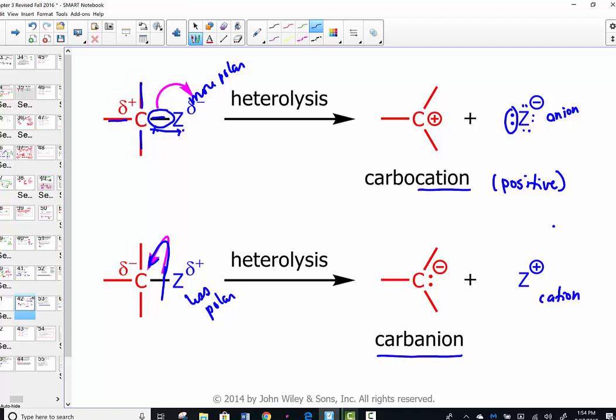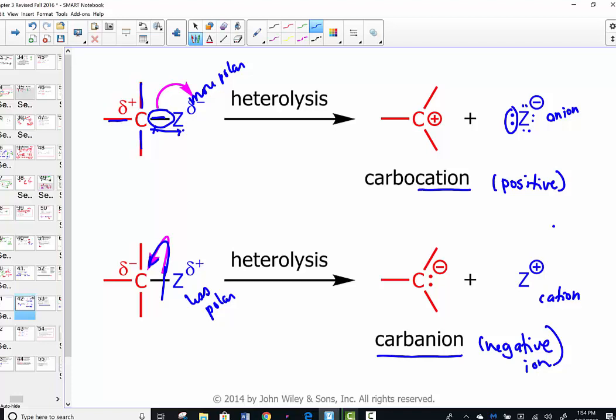This vocabulary word is called a carbanion. Carbanion means a negative ion. So predicting which direction the electrons will flow is just understanding of electronegativity.